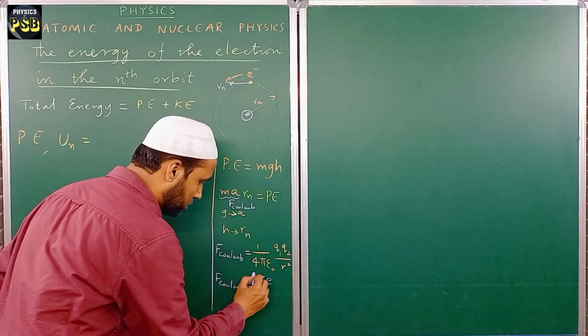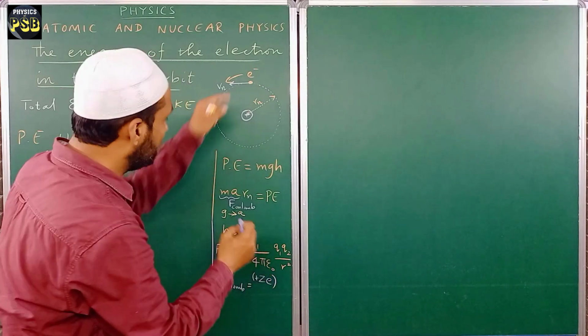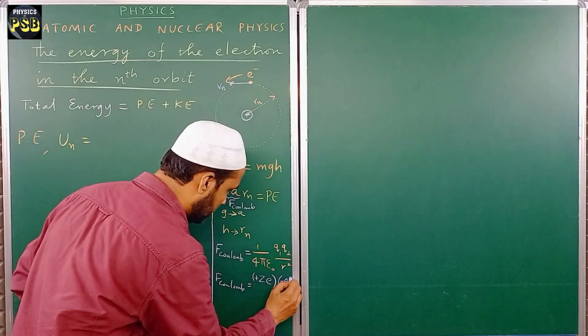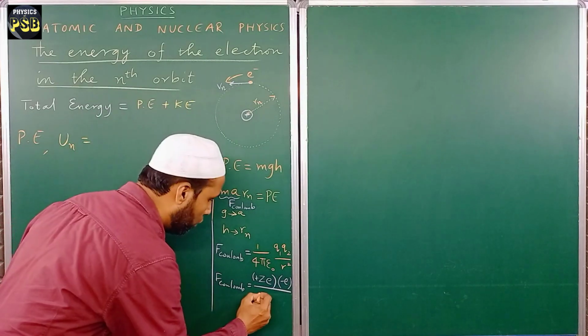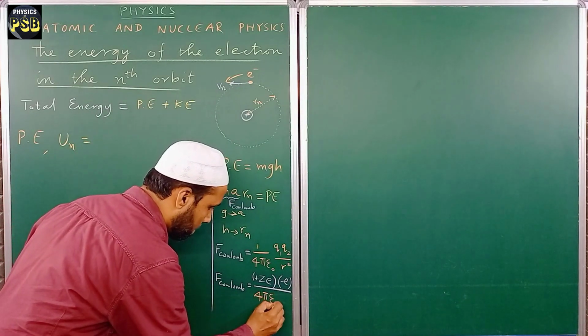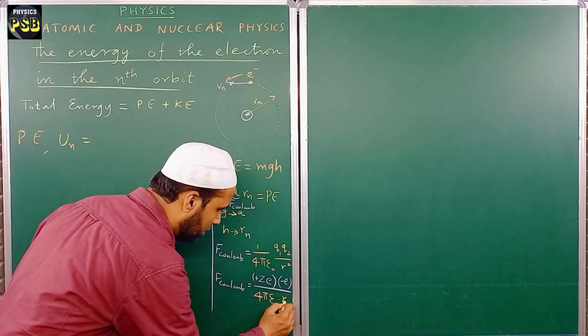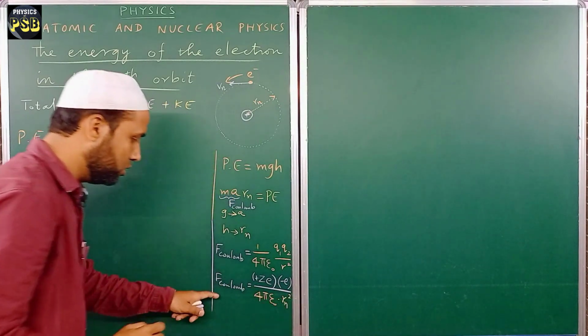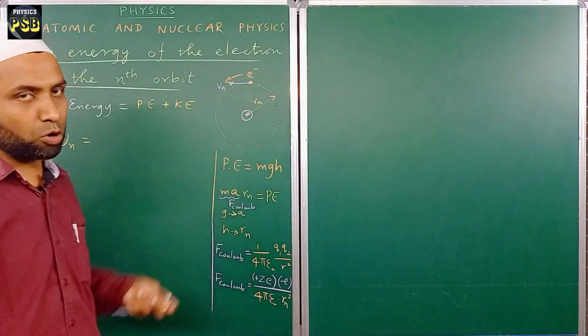Its charge is plus Ze, and the charge of the electron is minus e. Multiplied, and here we have 4 pi epsilon naught, and in the place of R, we have Rn square. This is the Coulomb's force acting between the nucleus and the electron.